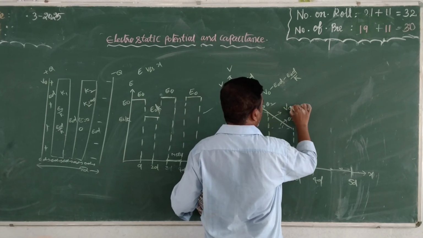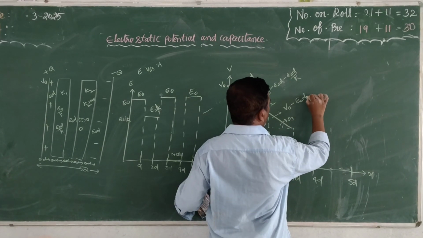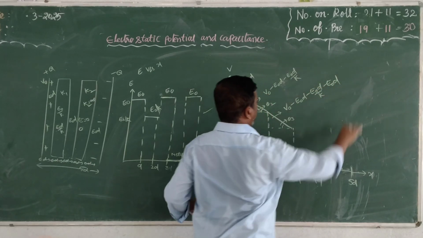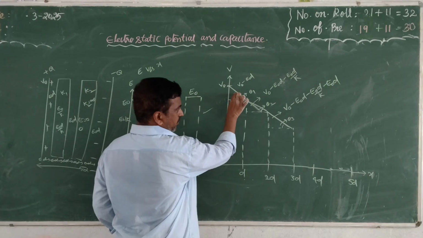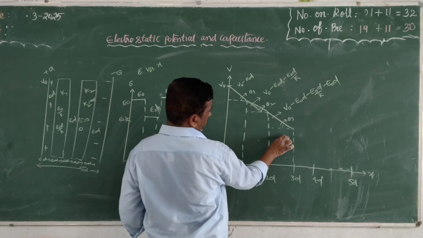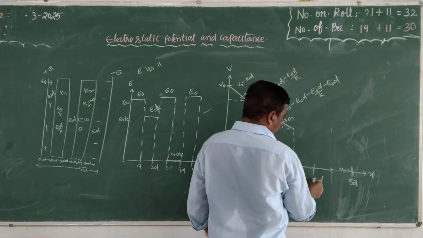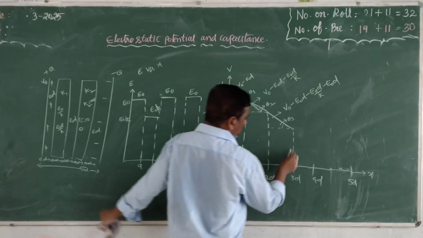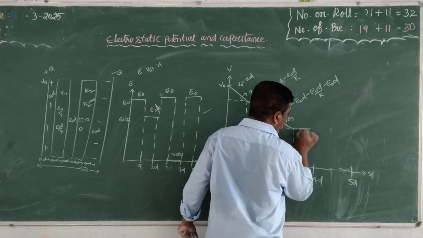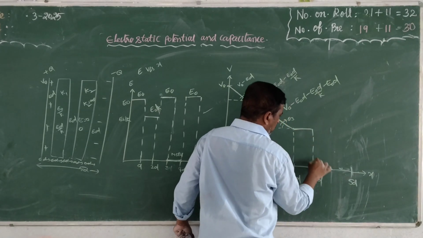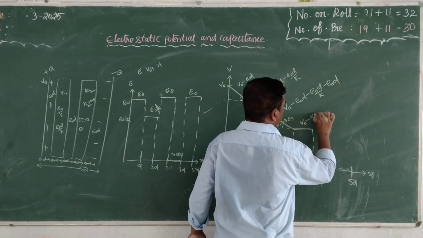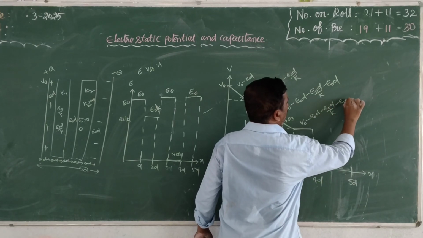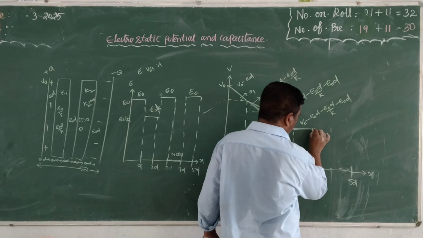The potential is V naught minus E naught d minus E naught d by k minus E naught d. Then the metal is there, where the electric field is 0 and the potential stays constant, with no change: V naught minus E naught d minus E naught d by k minus E naught d. Again it decreases.